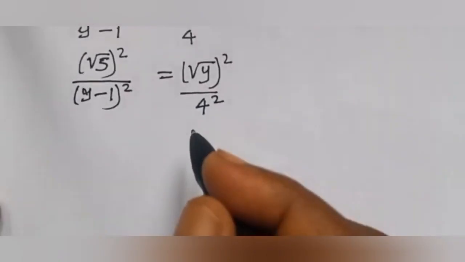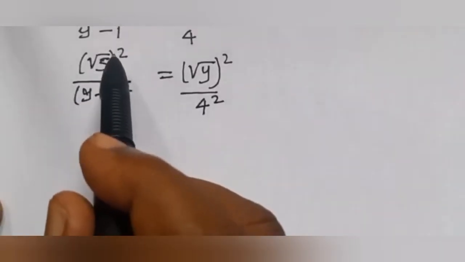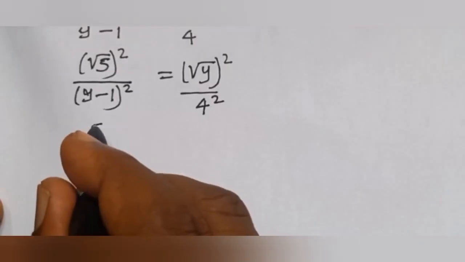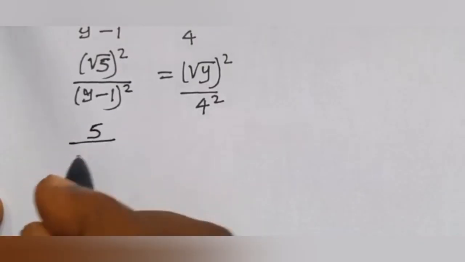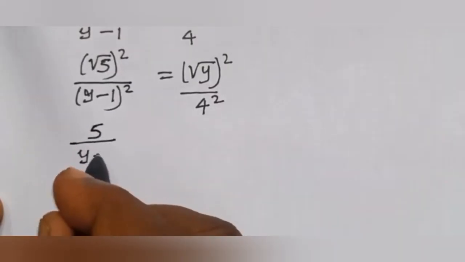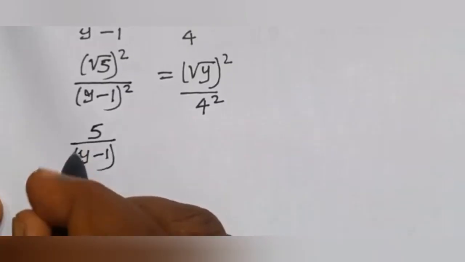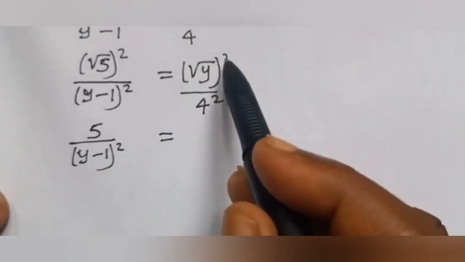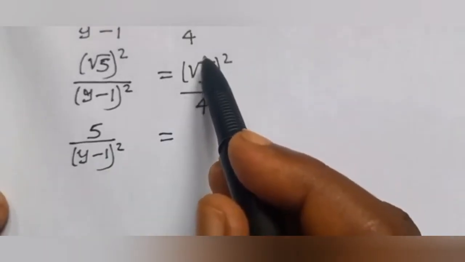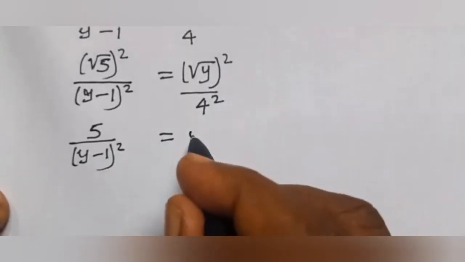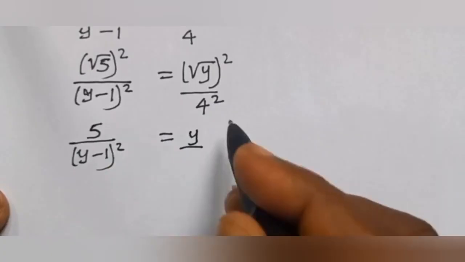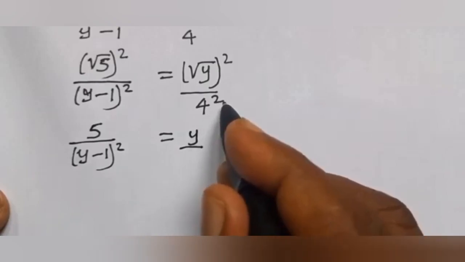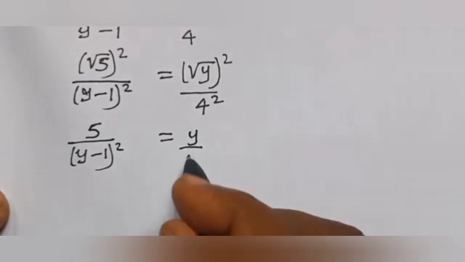So in this case here, this 2 is going to cancel with this radical sign. So we remain with 5 over y minus 1 in the bracket squared. Again here, this 2 is going to cancel with the radical sign. We remain with y equals 4 squared. This is 16. 4 squared equals 4 times 4.